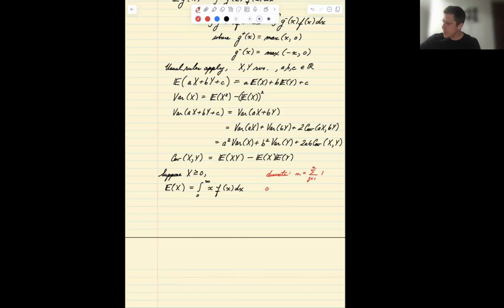Well, in the continuous case, the analog is that a constant x can be expressed as the integral from 0 to x of 1. And so that's exactly what we're going to do here: we rewrite x as the integral from 0 to x of dy, and then we have f of x dx.